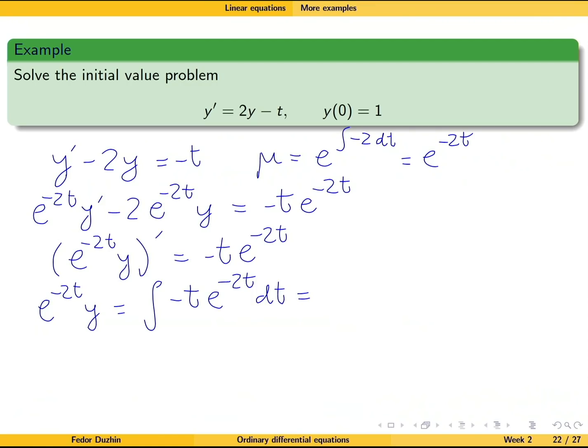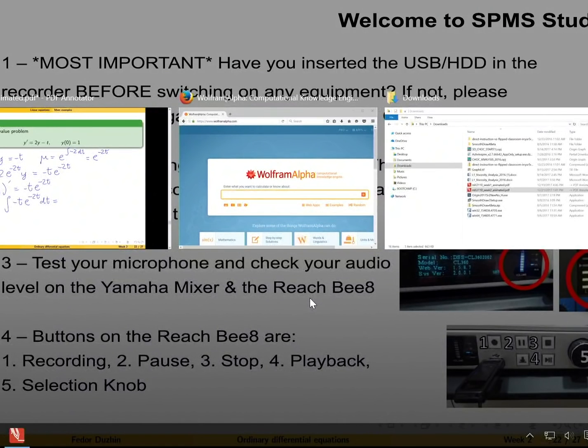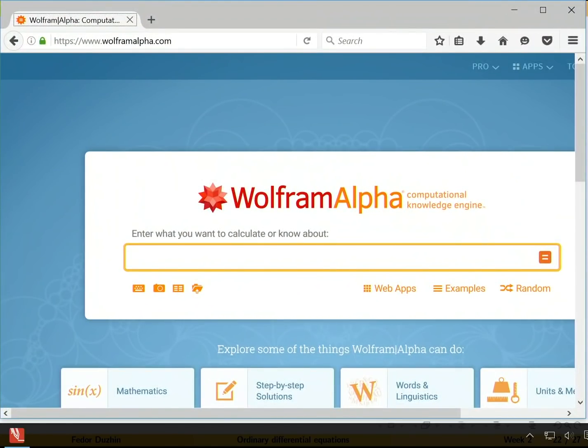Now, of course, I could proceed and find the antiderivative by integration by parts, but integration by parts, I hope, was learned in year 1 calculus, and I don't need to review it again. And I'm teaching the theory of differential equations, so we can skip this part and just do it in Wolfram Alpha.